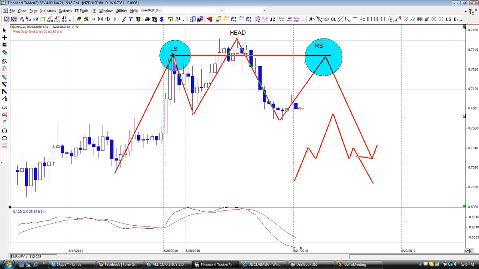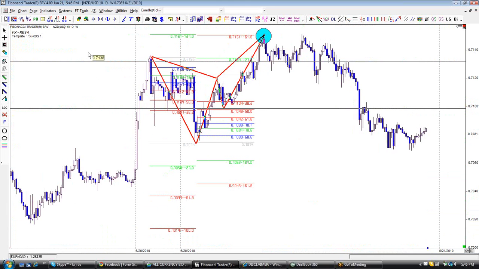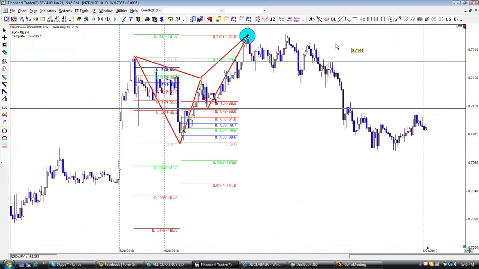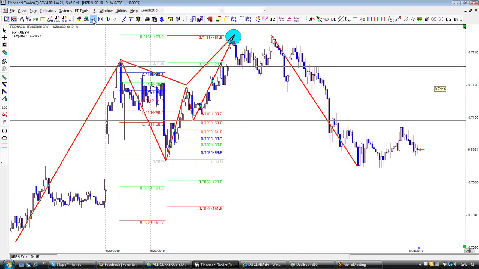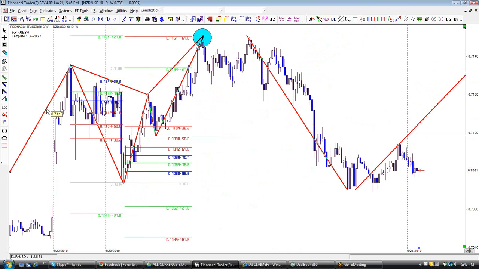But what else do I see here in this chart? I will go to a 10-minute chart. Now, this setup that we have is exactly that same butterfly, that same head and shoulders that we drew on the 1-hour chart, and we expect the right shoulder to form somewhere here. This at the top is the head.